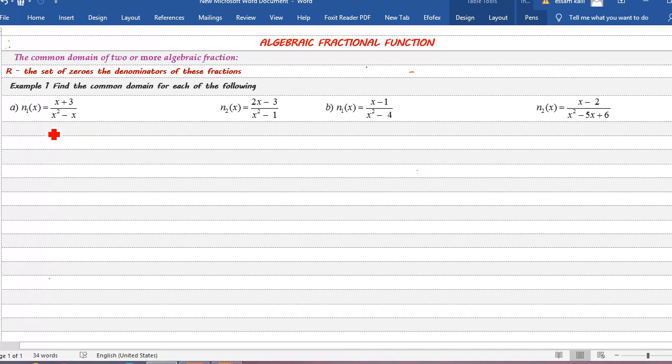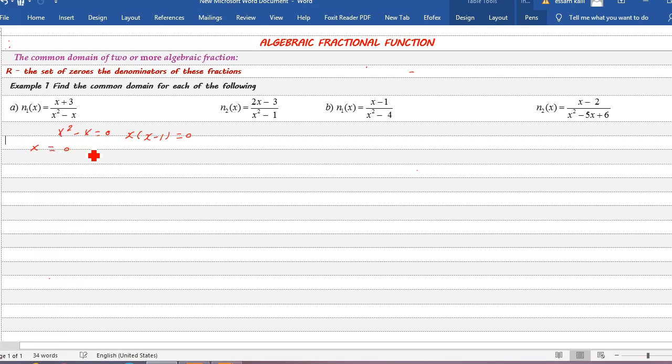ايه اللي يخلي الدينوميريتور equal 0؟ يبقى نضع x power 2 minus x equals, take ال x common factor، يبقى become x minus 1 equal 0. يبقى then ال x equal what?